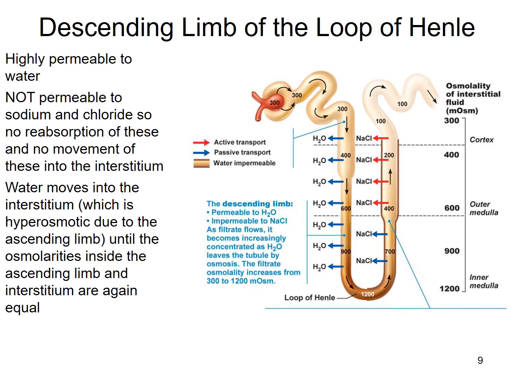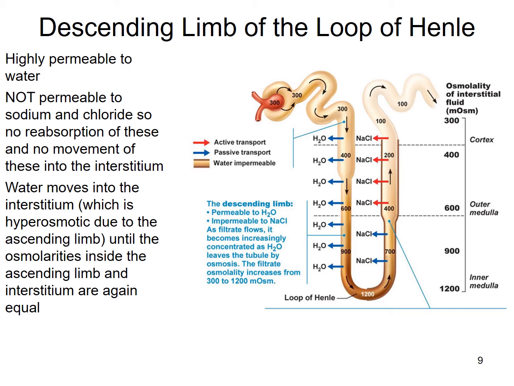Now, because there's a countercurrent going on, at the same time that you've got this ascending filtrate in the ascending limb, the descending limb itself is highly permeable to water. And so water is going to leave by osmosis.